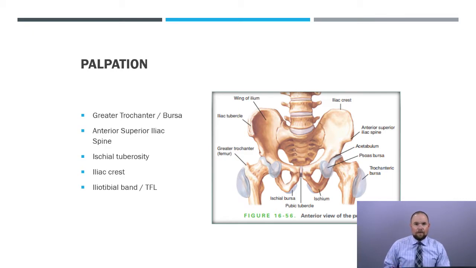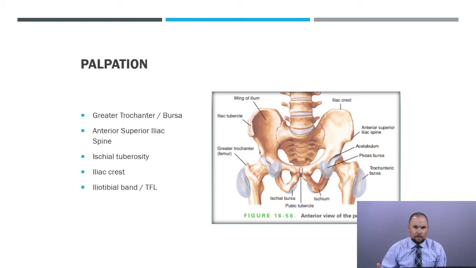And that kind of allows us to break down potential diagnoses as far as where their pain is coming from. So further on the palpatory examination, you can palpate the anterior superior iliac spine, ischial tuberosity, iliac crest, and the IT bands.